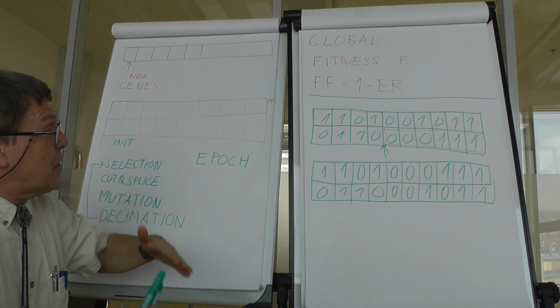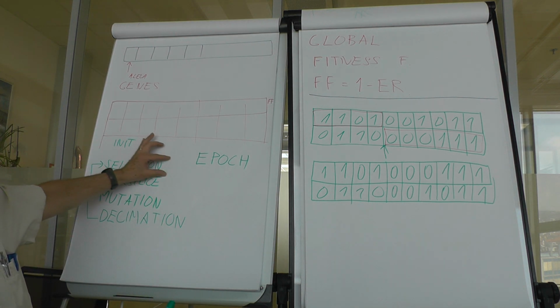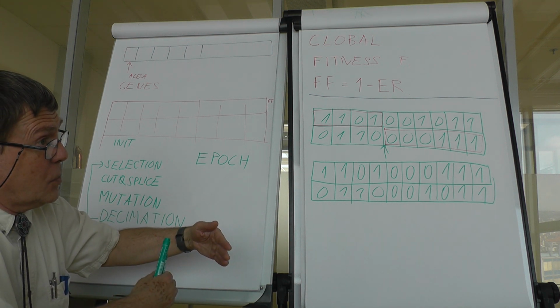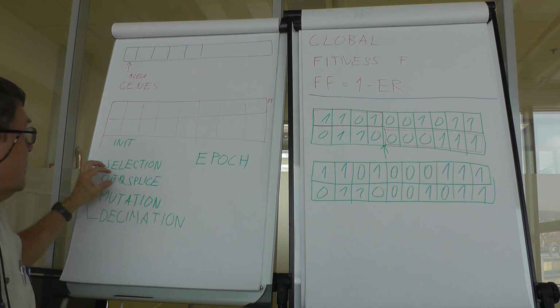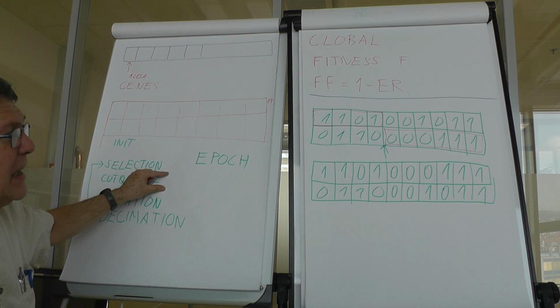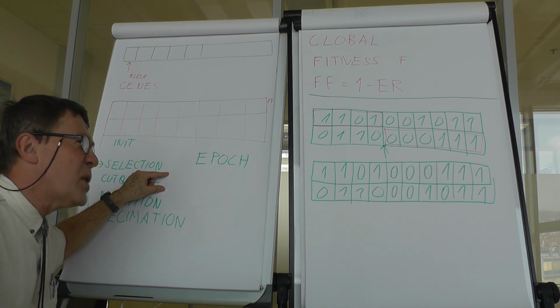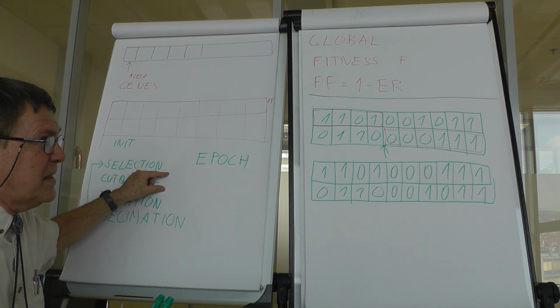So this is the first important point. How do you select those parents to create offspring? Second, surprisingly, cut and splice is quite used in most of the methods.